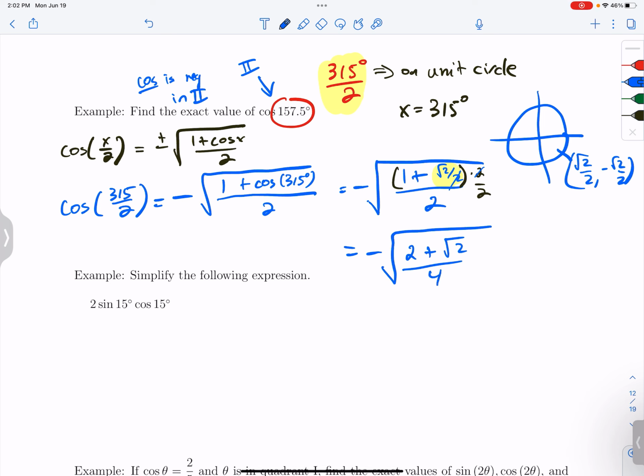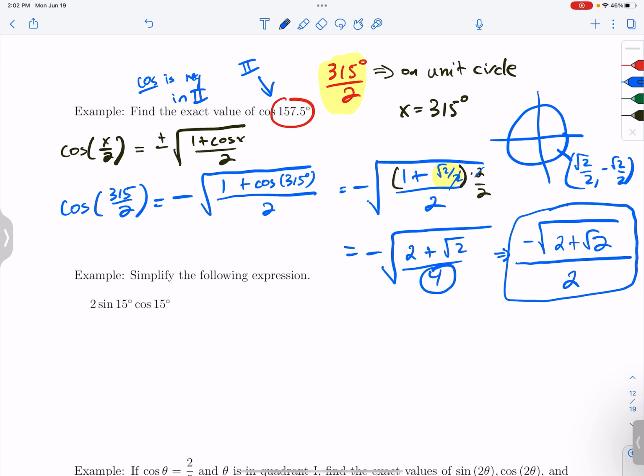Then I can do one last thing. This 4 in the denominator is under the square root symbol, so the square root of 4 is 2, which can be written outside of the radical, and then the square root of 2 plus square root 2. So that's, I think, as simplified as we can get, although this is an okay answer up here.